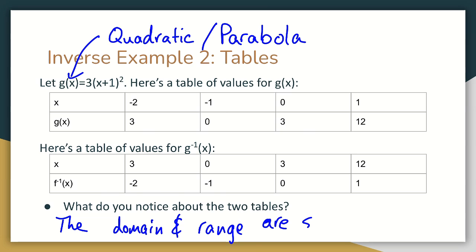I want to flag this for a moment. Actually this should be g inverse of x, but I want to flag this. Does anyone know why I'm flagging g inverse of x here?